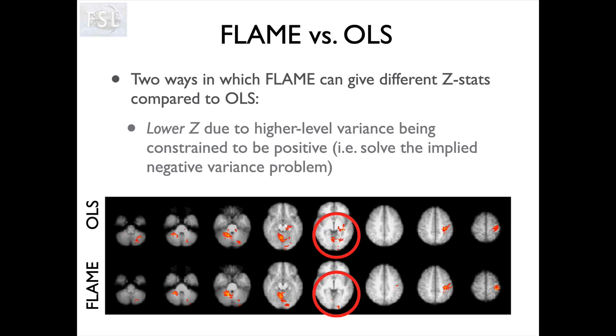That would generally be because you've got rid of the false activations which OLS is showing due to the negative variance problem. So the estimates of the variances are quite difficult to get with low subject numbers. And this is one of the problems which can plague OLS, particularly when it's not used with a lot of subjects. In general, our recommendation is strongly to use FLAME and not to use the OLS option. And this is just giving you some reasons why.